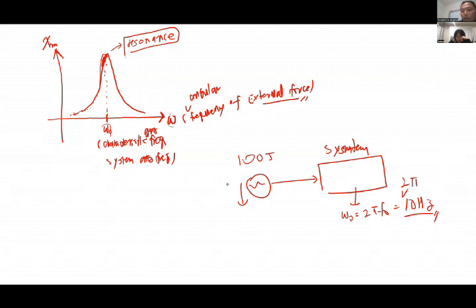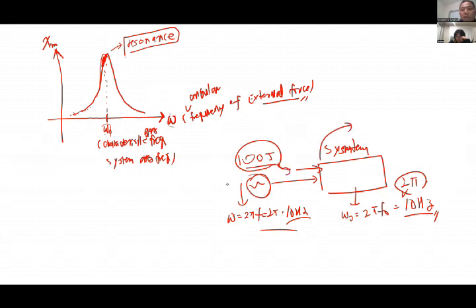If you change the frequency of the external force to 10 hertz, the same as the system's characteristic frequency, then in principle, if there's no damping or the damping is negligibly small, this 100 joules is transferred into the system without any energy loss. So the system must have 100 joules too. There's no energy loss. It's called resonance.